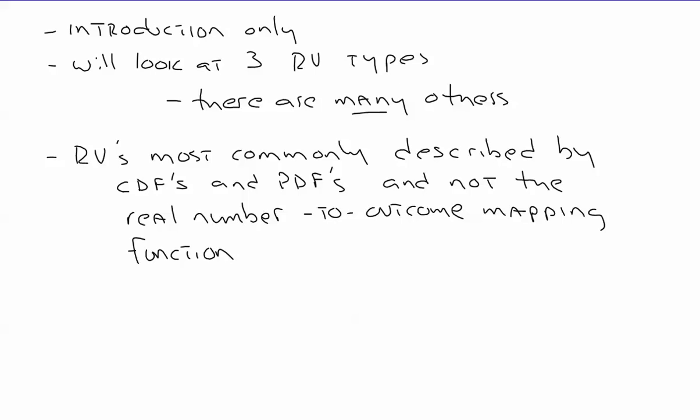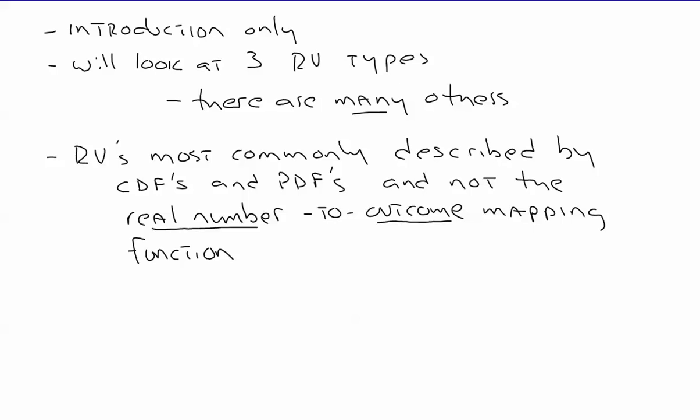Remember that a random variable is a function that maps outcomes to real numbers. We're not going to look at the random variable mapping function today. Random variables are most commonly described by their cumulative distribution function, or CDF, and their probability density function, or PDF.